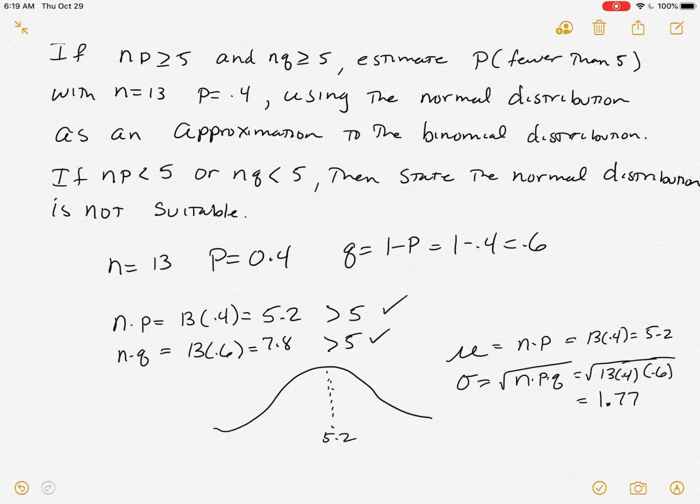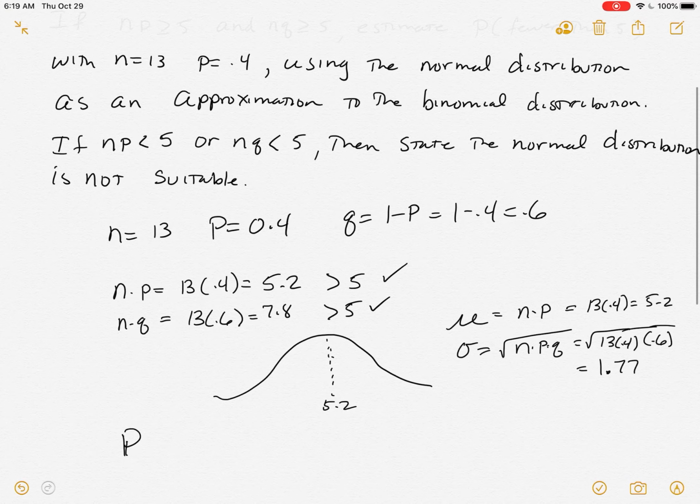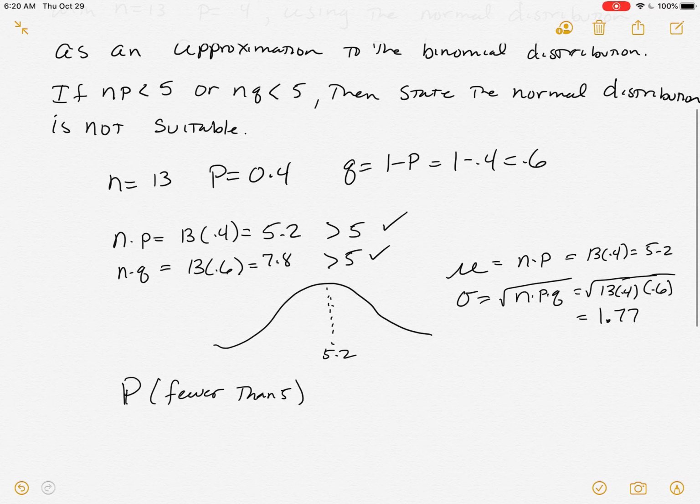So what we have is a question, and the question is, find the probability of fewer than 5. So 5's our critical number, but we can't use 5.